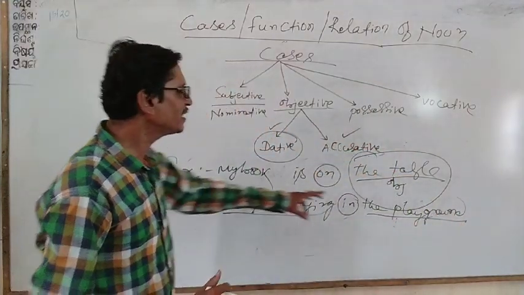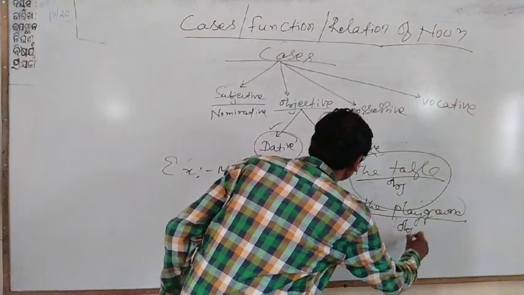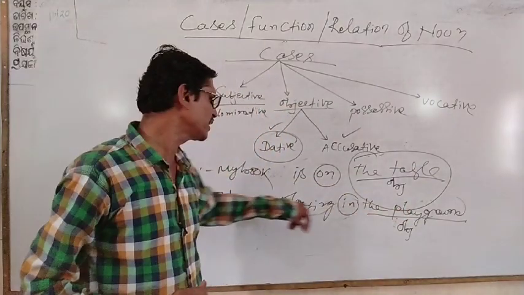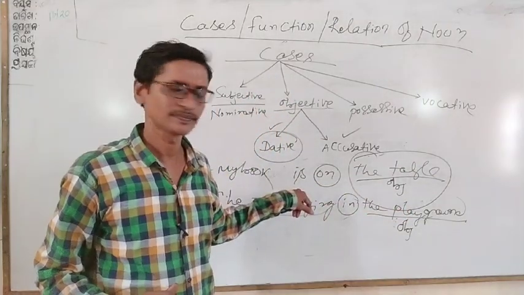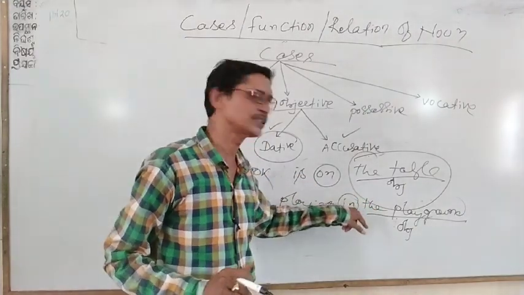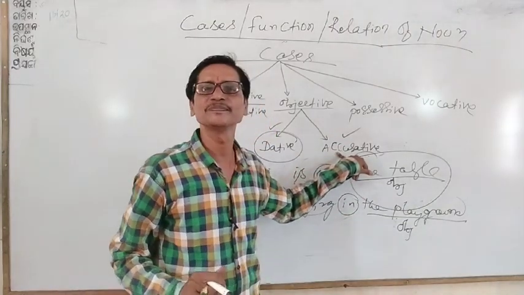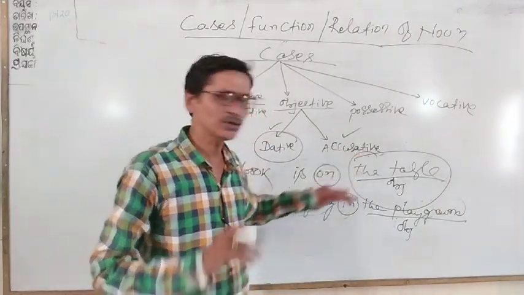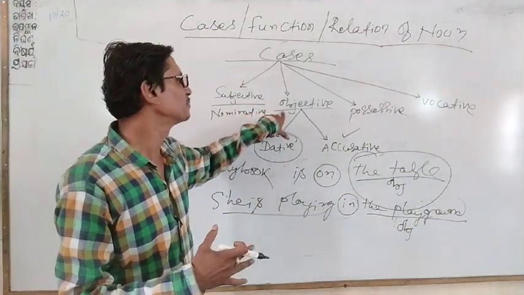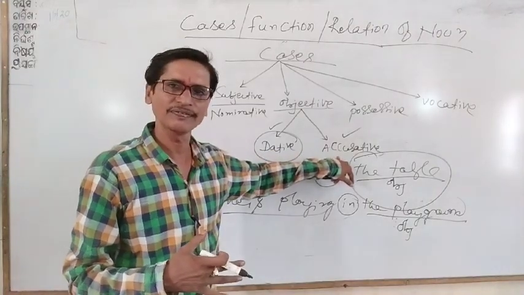You see, here the playground is functioning as an object of this preposition. Playground has nothing to do with this play. So it is functioning as the object of this preposition. Therefore, it is called accusative case. Okay, so you understood? We discussed nominative, objective, dative as well as accusative case of noun.